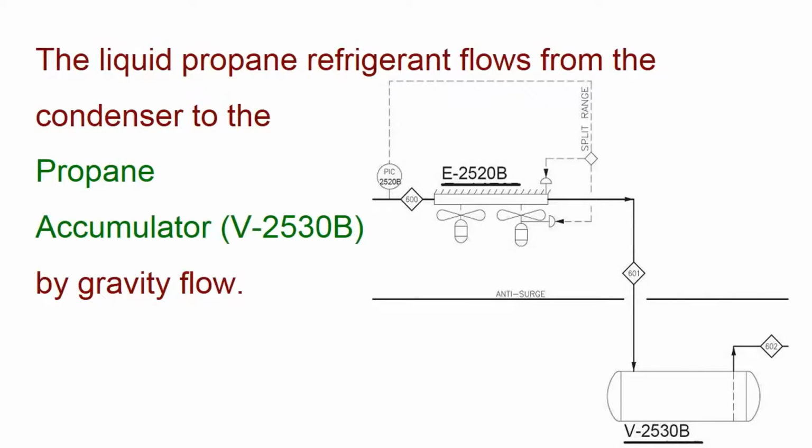The liquid propane refrigerant flows from the condenser to the propane accumulator through 2530 TB by gravity flow.